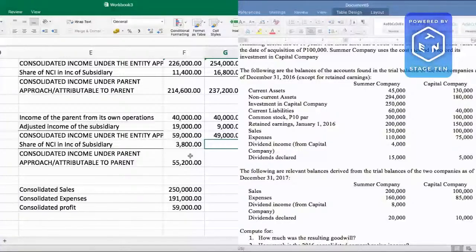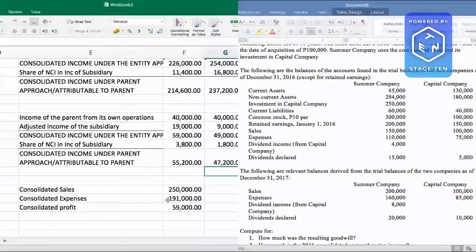The adjusted income of the subsidiary is 9,000. Minority interest is 20%. So 9,000 times 20% will give you 1,800. If you already have the 1,800, just deduct it from your 49,000. You would get your income attributable to the parent.